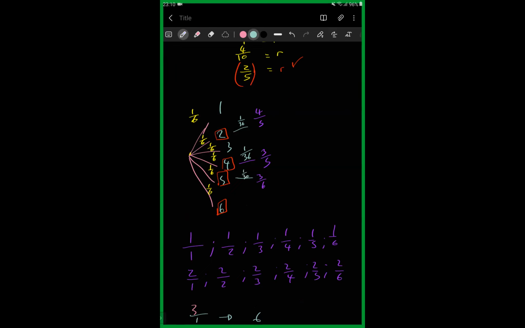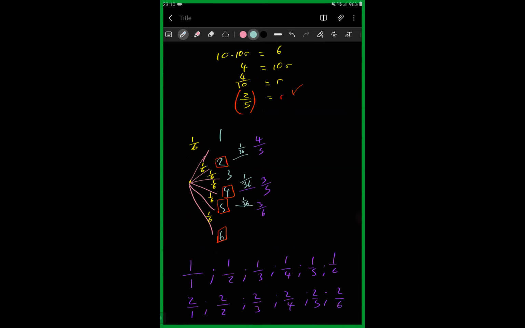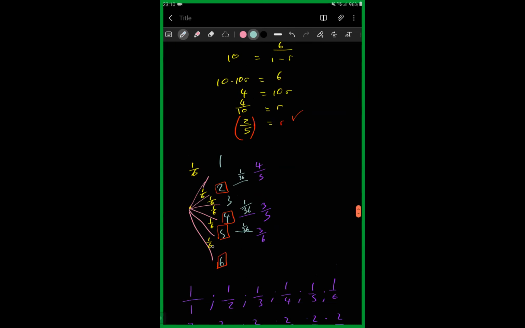And then for the 6, if you got a 6 the first time, it's 1 out of 6 chances. But then for you to get a 2 over 5, for you to result in a sum to infinity of 10, the chances of that happening, as we already stated, is just 1 out of 36.